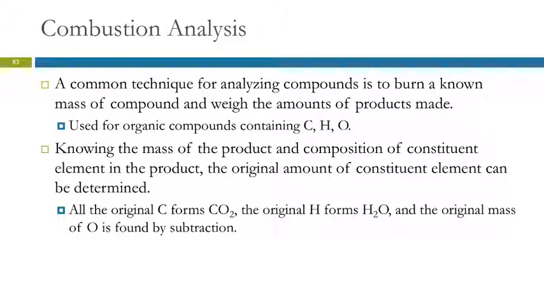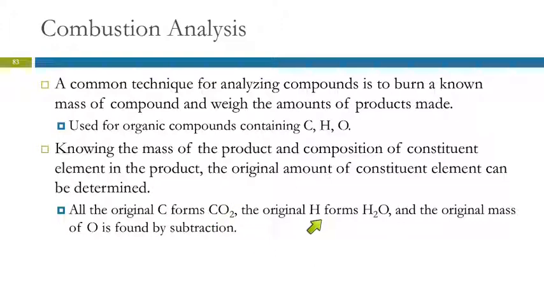Okay, let's talk about combustion analysis. This is a common technique for analyzing compounds that will burn. So we take a known mass of the compound, we burn it, we collect the products, and we weigh them. This works really well for organic compounds that contain carbon, hydrogen, and possibly oxygen. When a substance like this burns, all of the carbon combines with oxygen to form CO2.